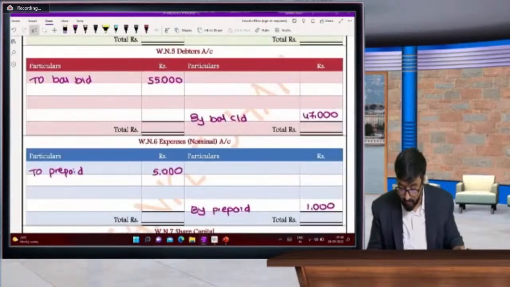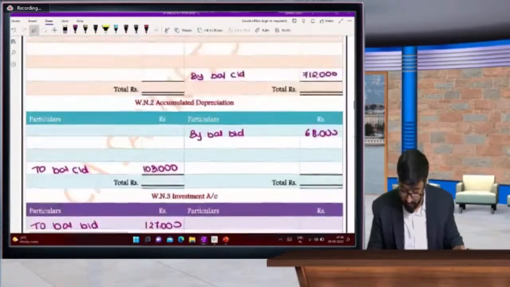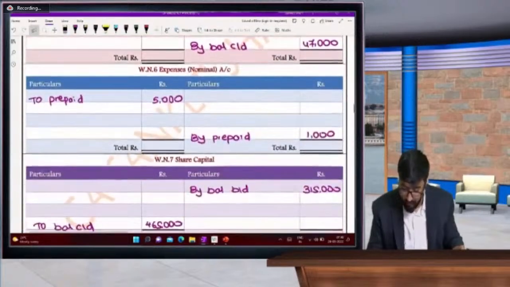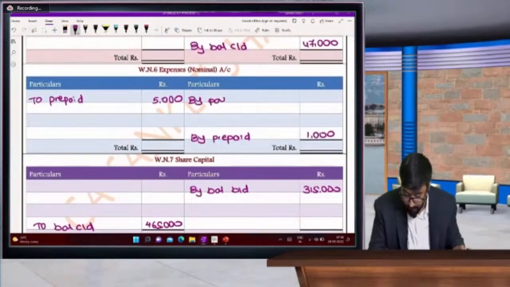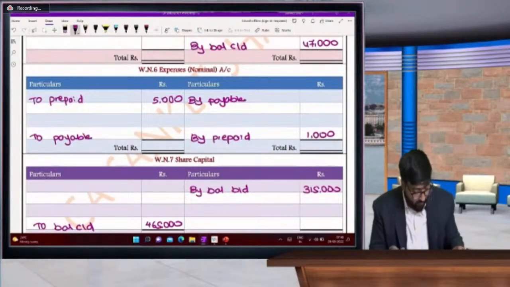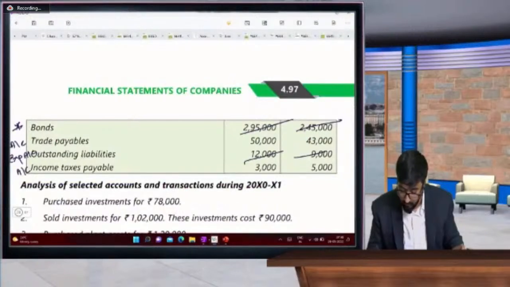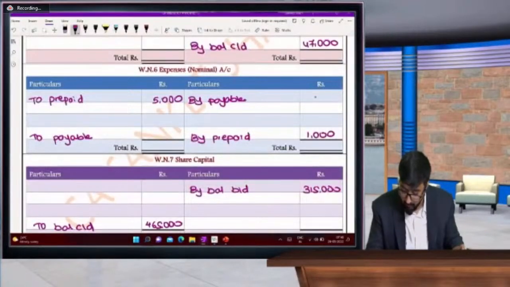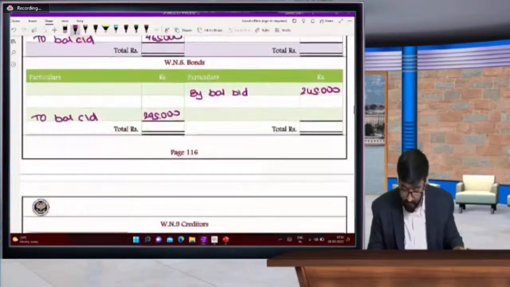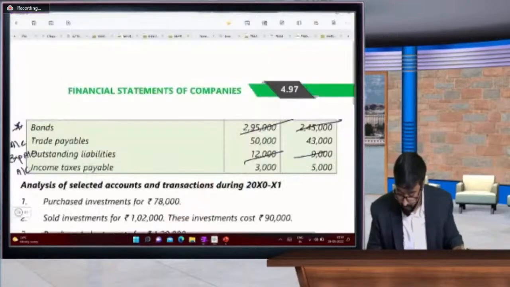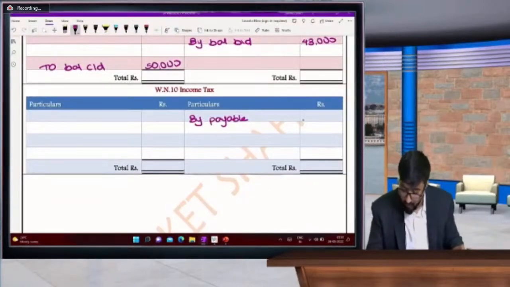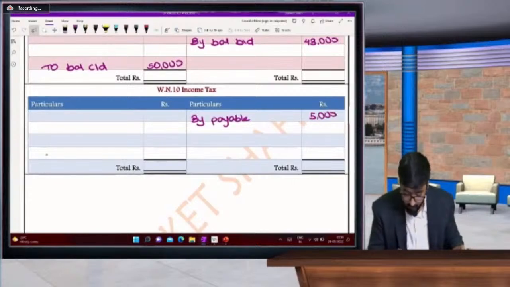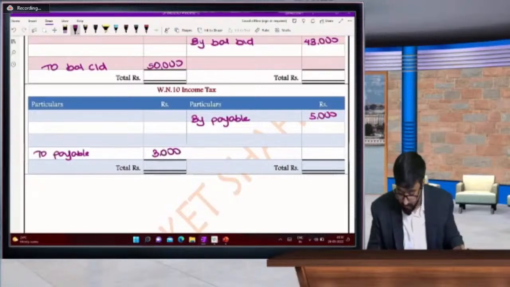In expense account write by payable and to payable. Nine and 12. 5,000, to payable, 3,000.